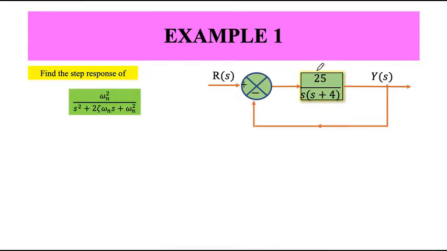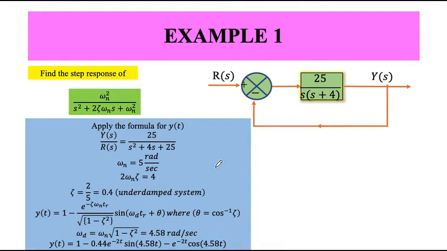The closed loop transfer function Y(s) by R(s) is 25 by s square plus 4s plus 25, and this is of the form omega n square by s square plus 2 zeta omega n s plus omega n square, a second order system. Therefore I can easily compute omega n to be 5 radian per second by comparing these two formulas.